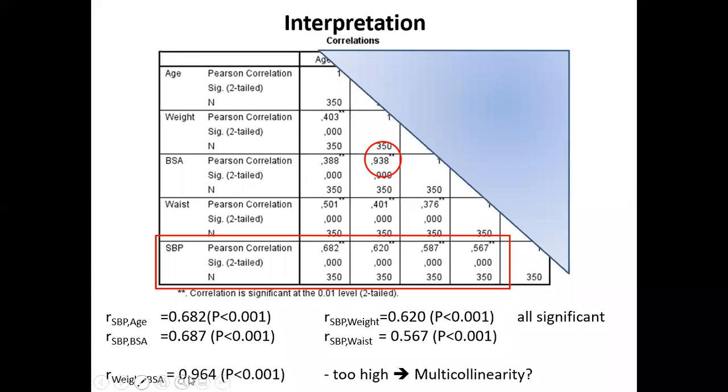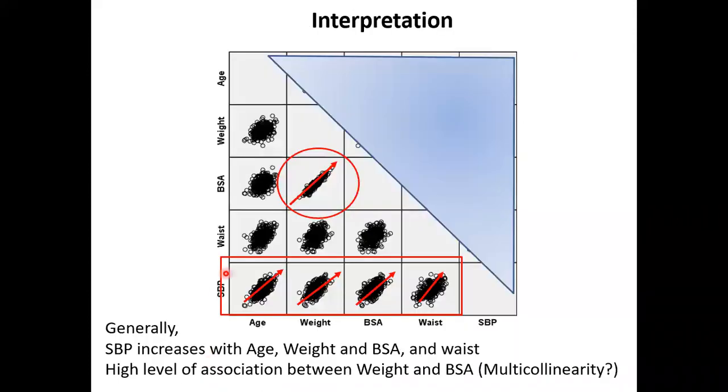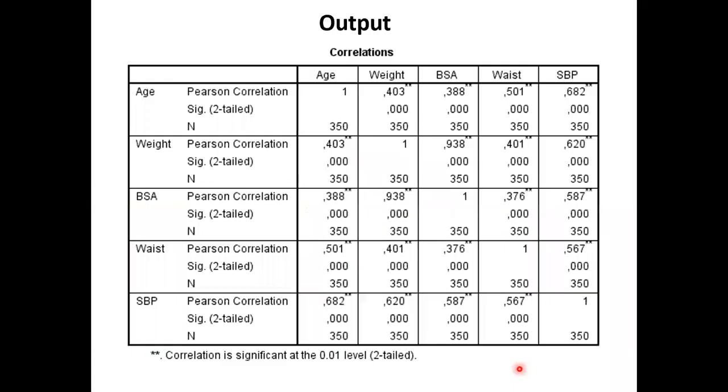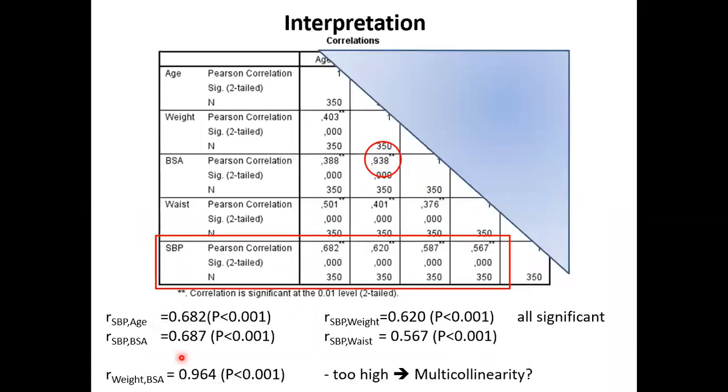Therefore, is it too high? For all practical purposes, yes. So we saw in this particular figure, they're very highly connected to each other. There is a possibility, we don't know yet. Correlation between weight and BSA is very high. So we can expect a problem of multicollinearity, right?